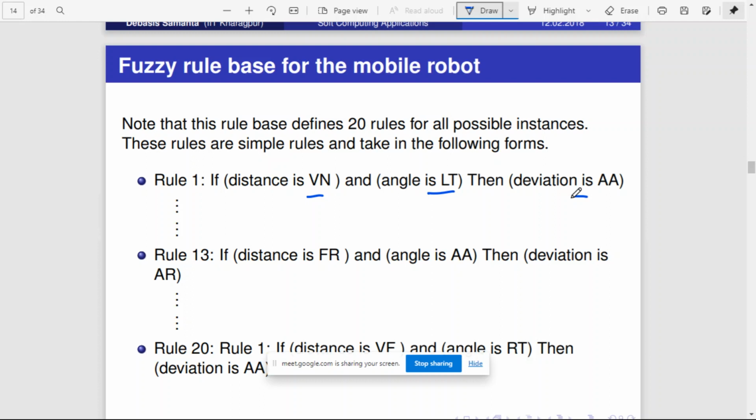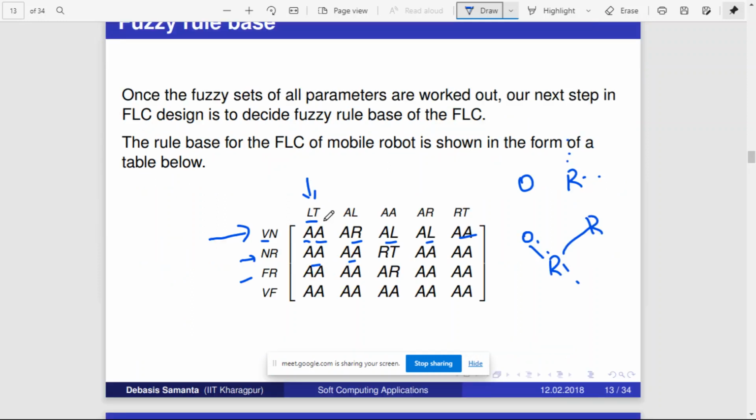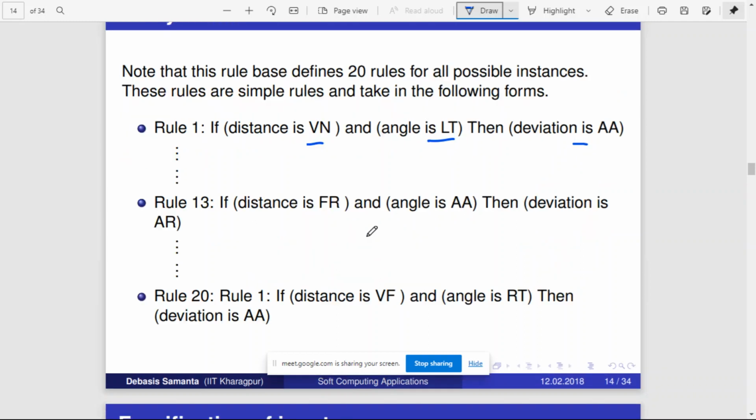If distance is Vn and angle is AL, then the robot should deviate by AR. Like that, the system will have 20 rules, but given a situation, not all the 20 rules may be applicable, maybe only some of the rules may be applicable in a given situation, right.